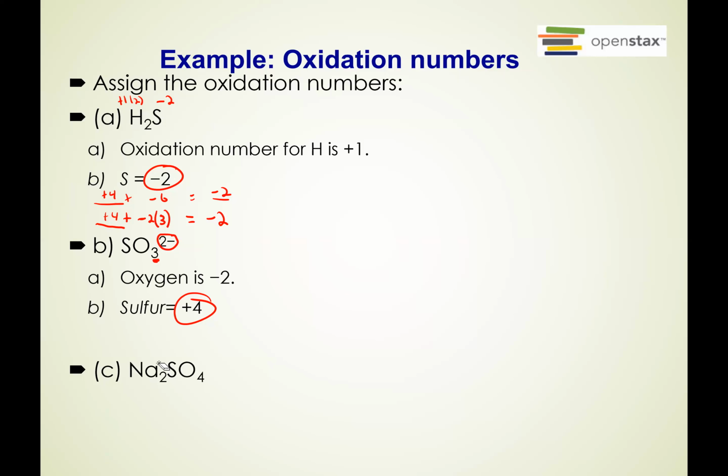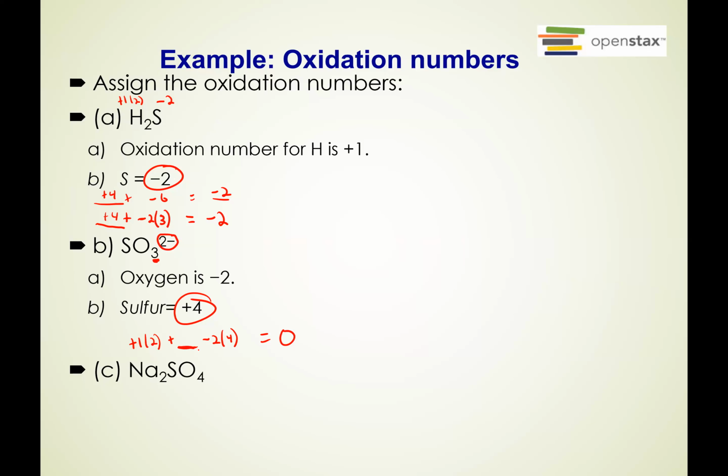Group 1. And what's the oxidation state of group 1? +1. Okay, so sodium is a +1, and there's 2 of them. Okay, oxygen's oxidation state is -2, and there's 4 of them, and the whole thing equals 0.